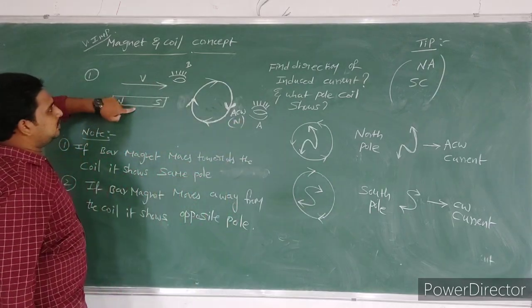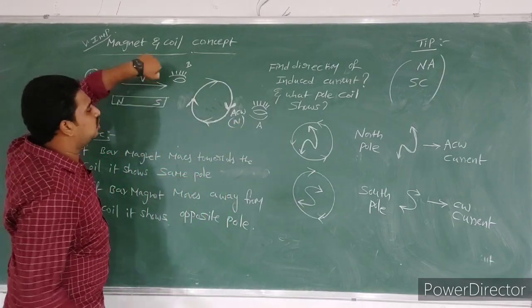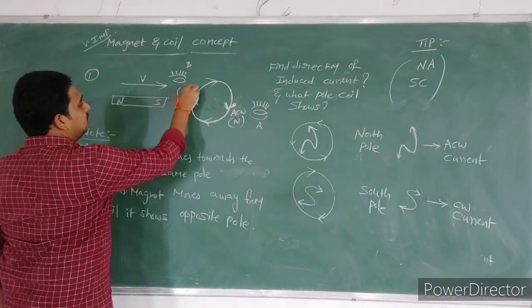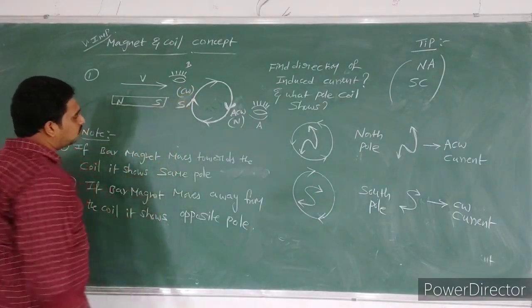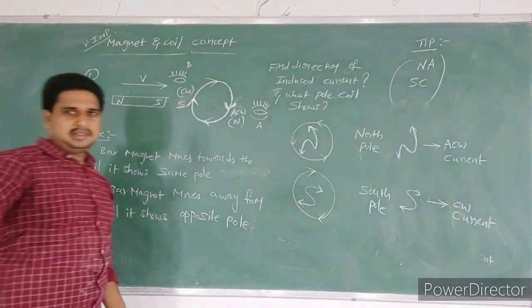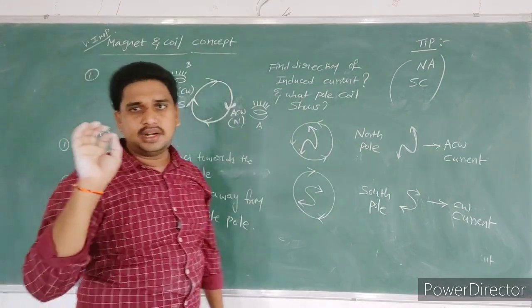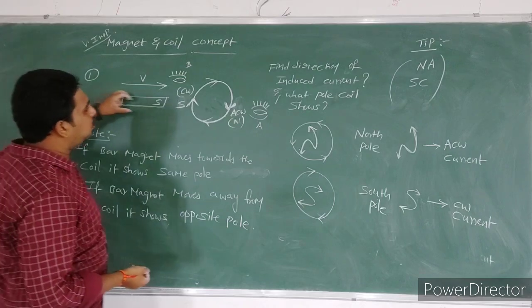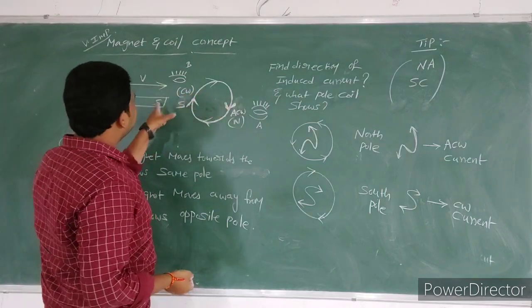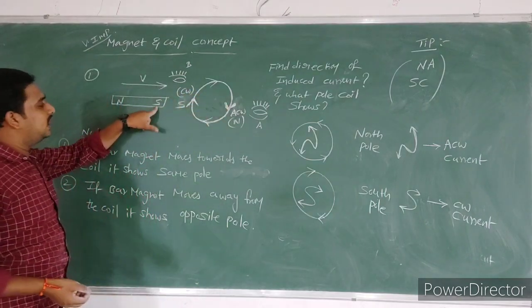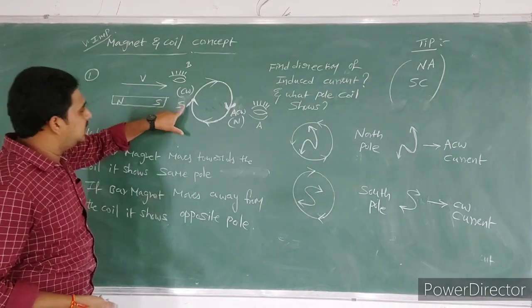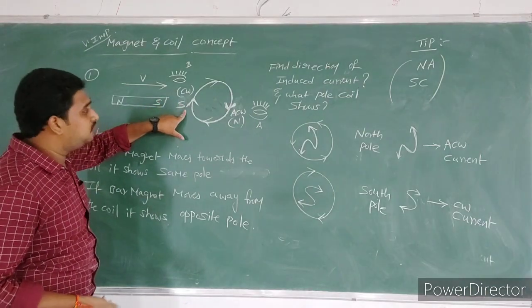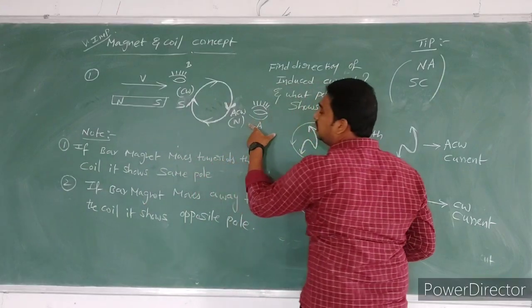According to person B, the direction of current is clockwise, because this is south pole. Simple thing, no need to panic. If you bring a bar magnet closer to the coil, it shows the same pole. This is south pole, so this end will show south pole. If you observe from the other end, it is anti-clockwise direction.